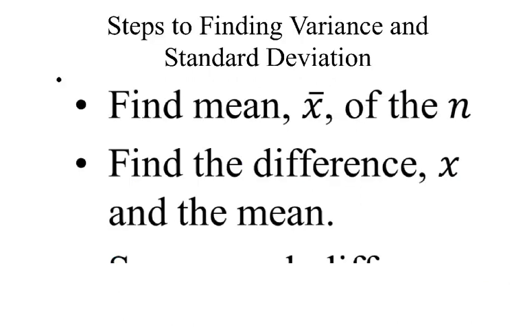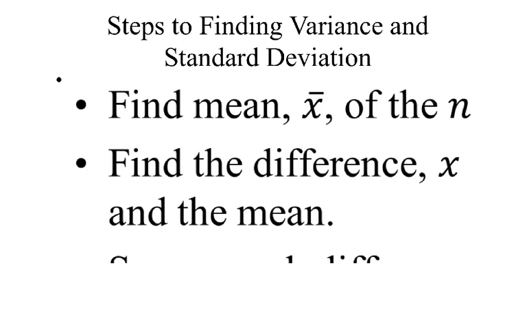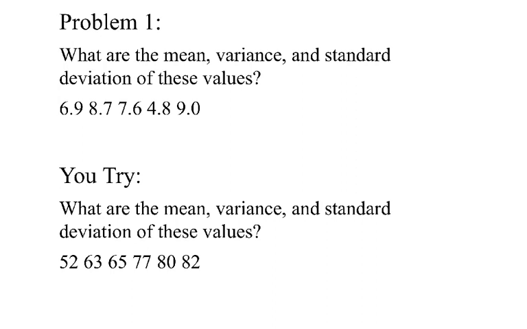So the next slide, this did not print very well, but it's giving you the steps to find your variance and standard deviation. I find it's easier to work these out. So problem number 1, what is the mean, the variance, and the standard deviation of these values? The first thing you want to do is find the mean of the data, which we say is x bar.